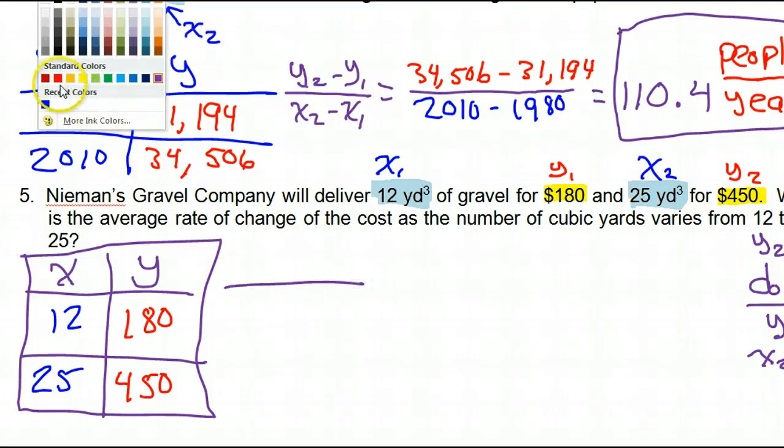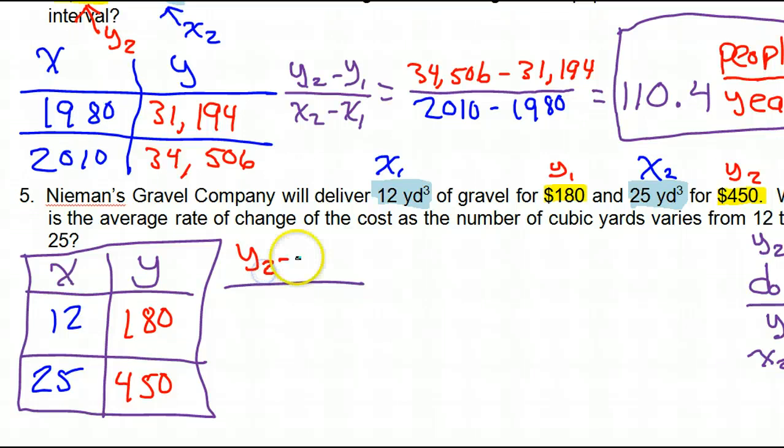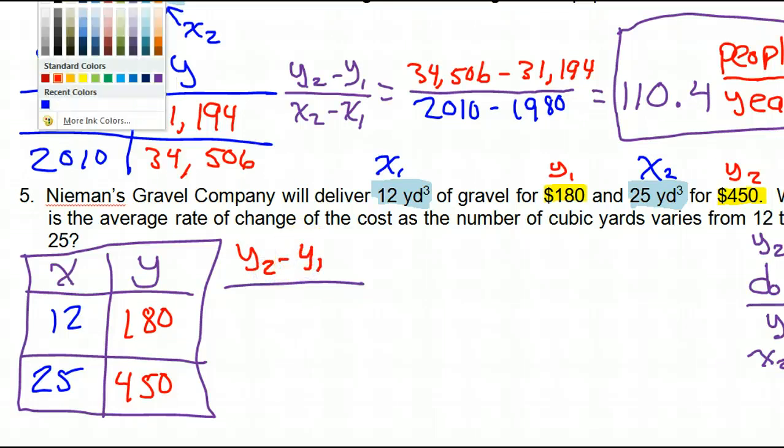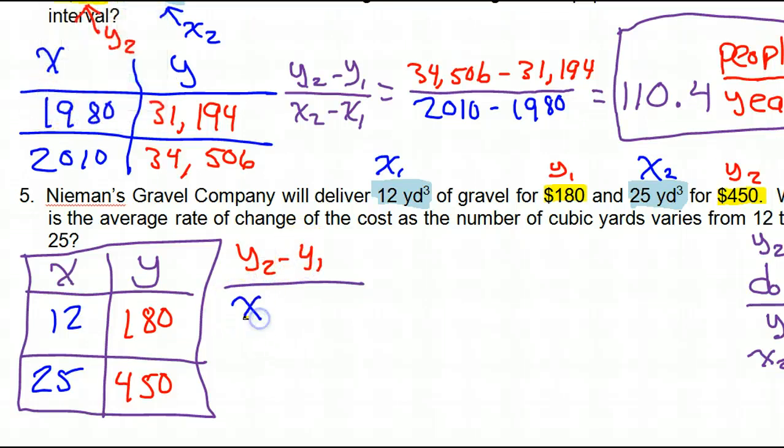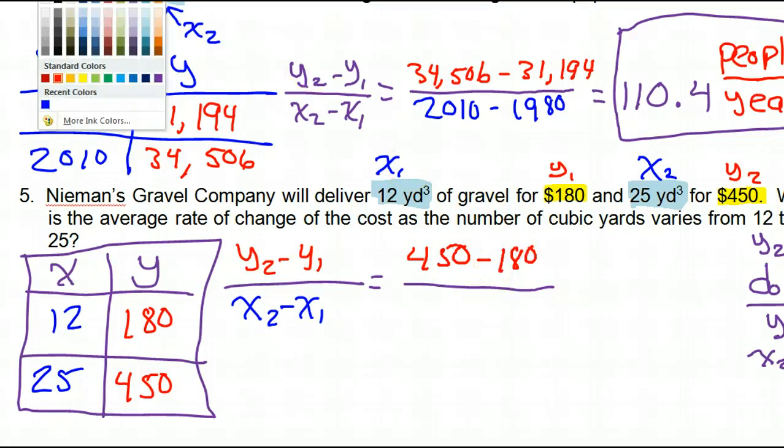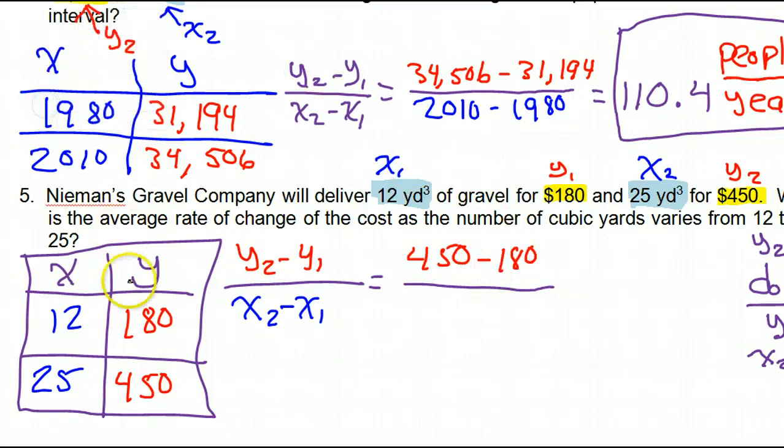So I need to do y minus y over x minus x. So that's 450 minus 180 over 25 minus 12.